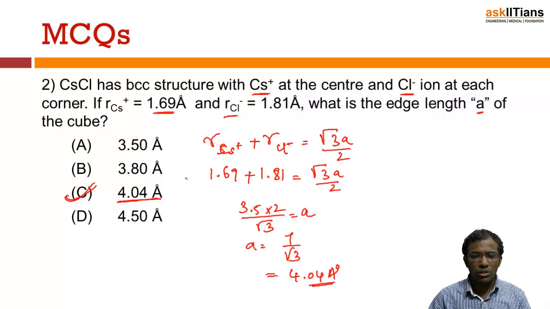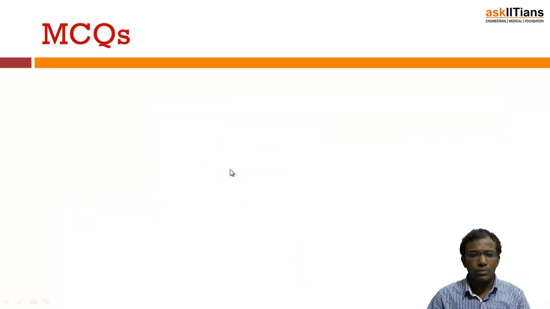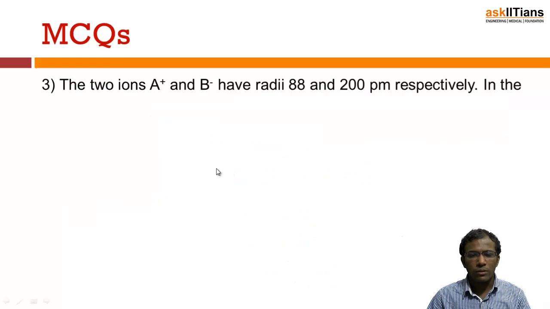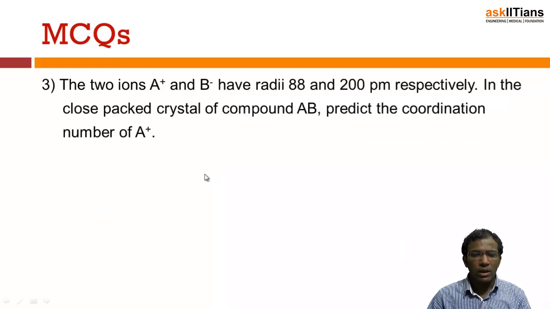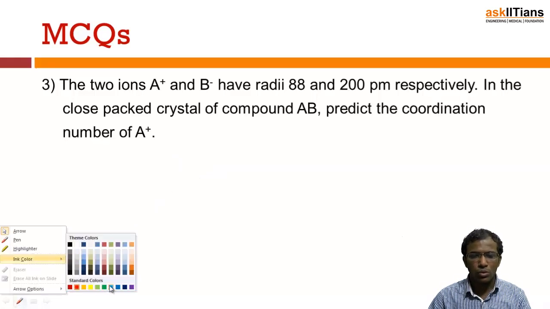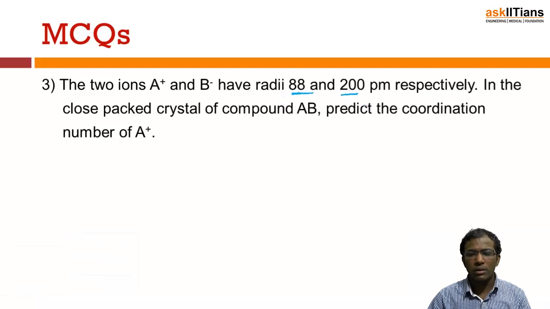You can easily do this question if you know this particular formula that we got from the structure of cesium chloride. So let's go to the next question. The two ions A+ and B- have radii of 88 and 200 picometers respectively.